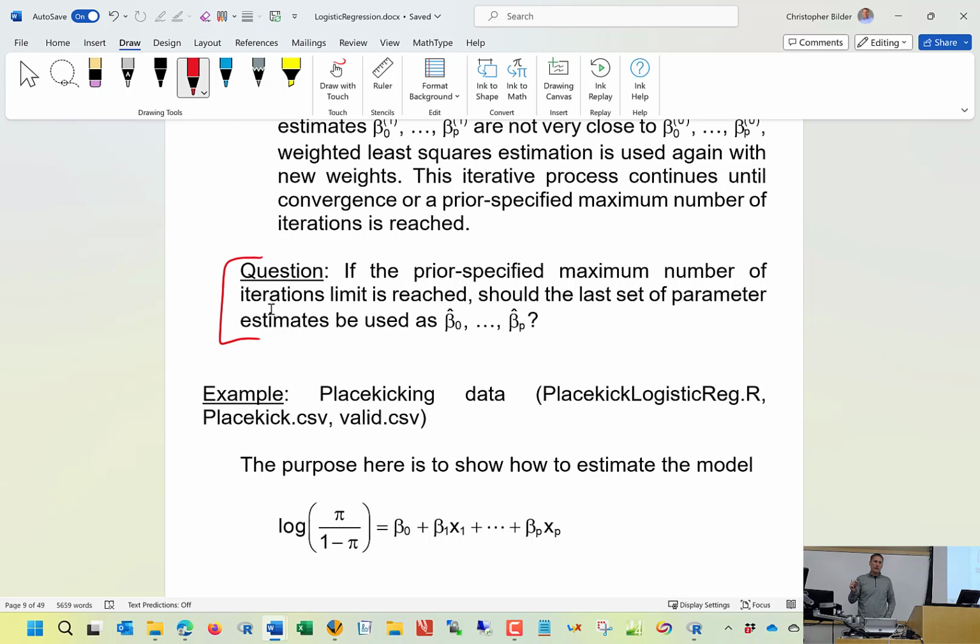Do you think you should use the estimates that you get if you reach iteration 20 and have not converged? The answer is no, because iteration 21 will probably give you different betas, a different model, and in the end a different prediction. And so you should not.